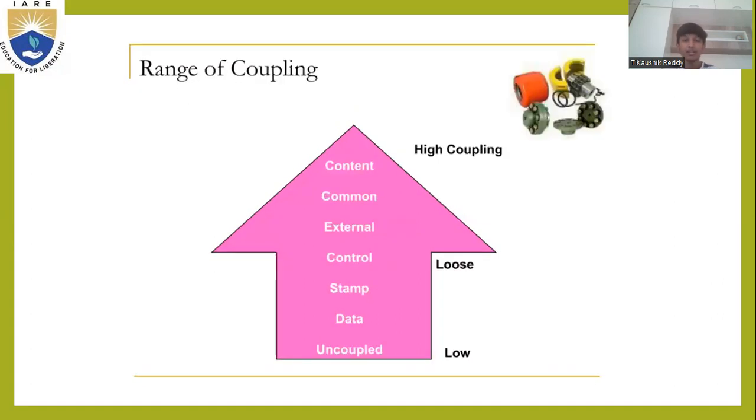Next, range of coupling. Coupling may also vary from high to low, or loose. High coupling: content, common, external, control, stamp, data, and uncoupled. At the lowest level, it means that it is uncoupled.